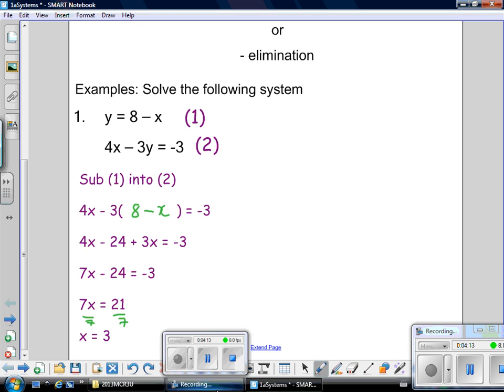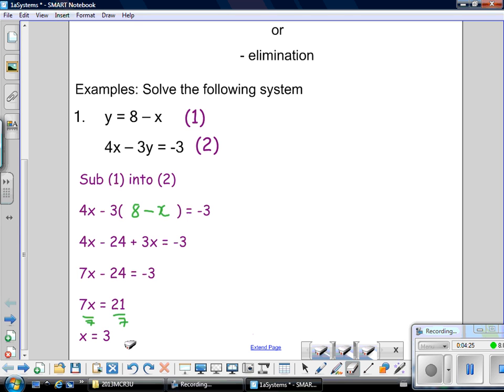Now, I'm not finished this question because remember, to solve a system means I'm finding the point of intersection. A point has two coordinates, an x coordinate and a y coordinate. So the next thing I have to do is find what the y is. I don't want to keep using up a whole lot of paper, so I'm just going to tell the person, follow my arrow. I'm going to continue my solution over here.